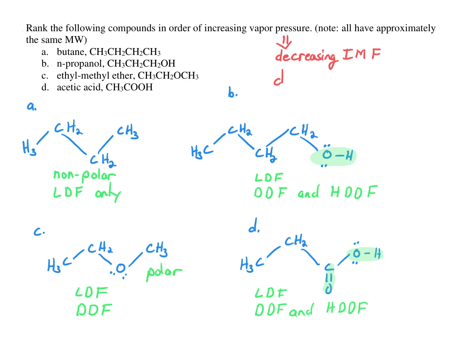The next strongest forces would be compound B, followed by compound C. Compound C has dipole-dipole forces, so it's slightly stronger in terms of intermolecular forces, and the one with the weakest intermolecular forces and therefore the highest vapor pressure is going to be compound A.